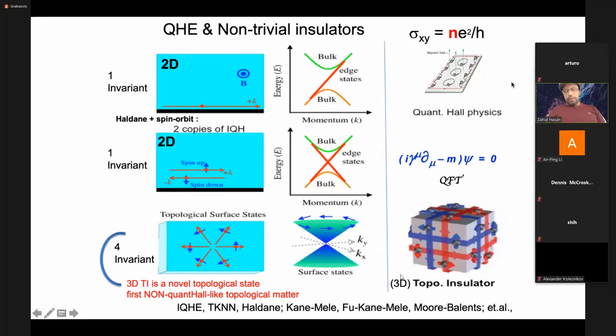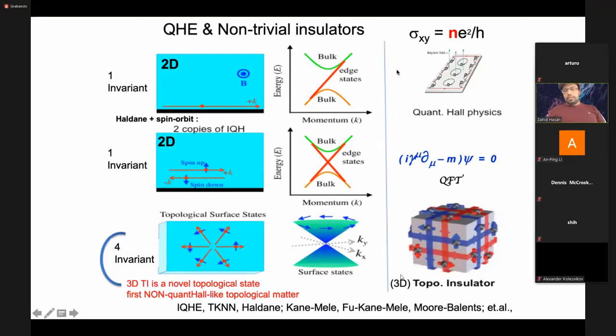topological. When you calculate Hall conductivity using the Kubo formula, you will see that this quantization depends on a quantum number associated with this. Hall conductivity is actually a topological quantum number, a Chern number.